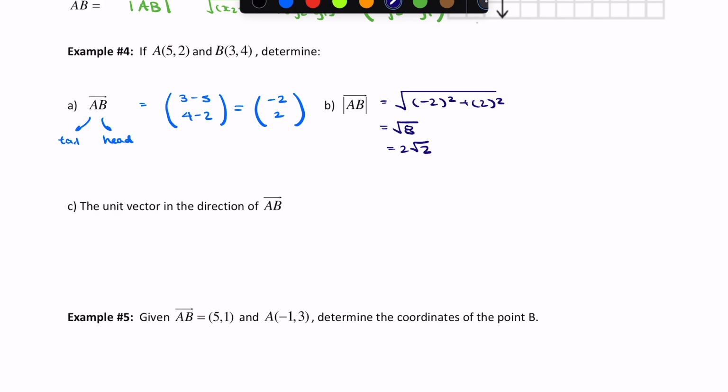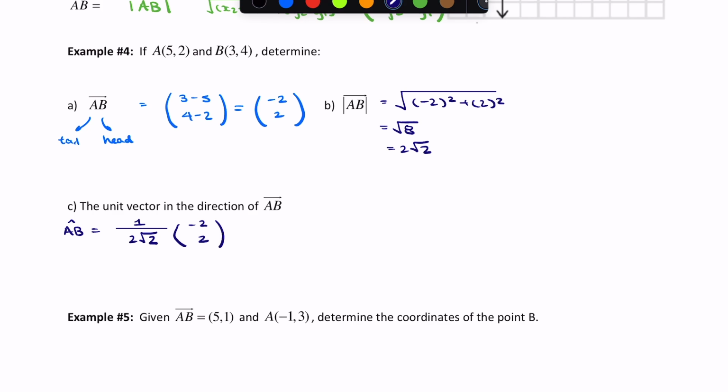And then the unit vector in the direction of vector AB, that's equal, again, to the original vector over the magnitude, 1 over 2 square root 2 times -2 and 2.